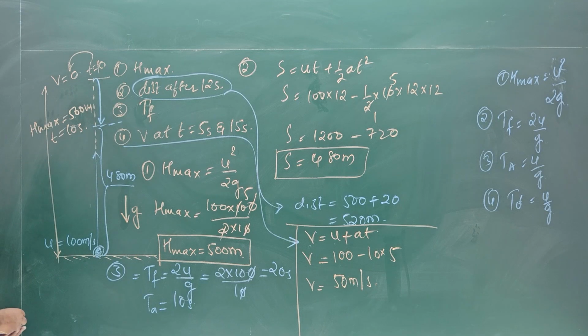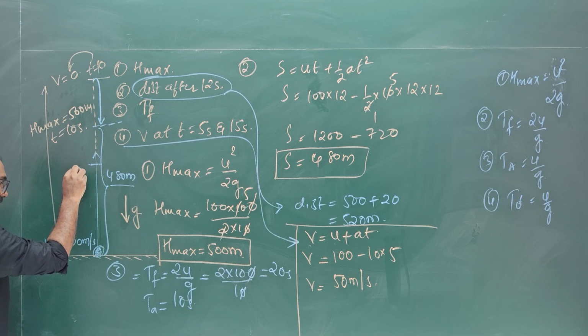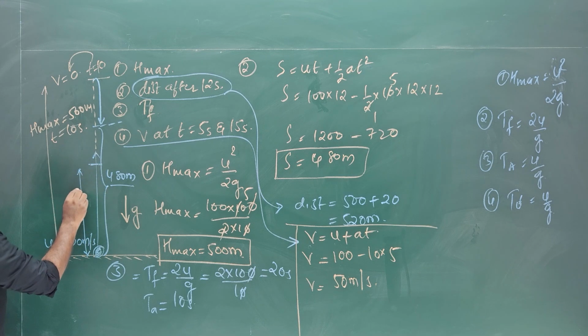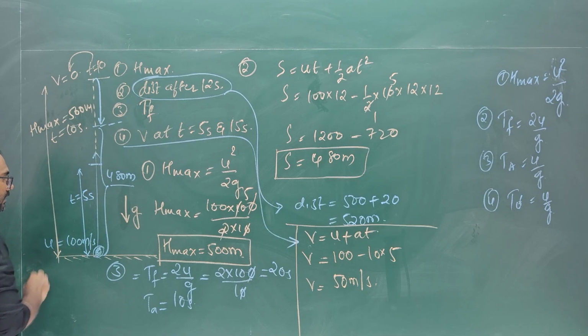So what is the velocity after 5 seconds? 50. Okay, now consider from here to here, the time period it took is 5 seconds. Now I will tell you how to get the answer without doing any calculation. What is the initial velocity? 100. And what is the acceleration due to gravity? 10. In which direction? Downward direction. Does acceleration decrease or increase the velocity when the object is going upward?